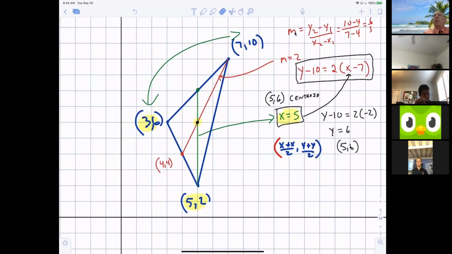Point slope form, right? In order to write the equation, we need a point and a slope. 7, 10 is on the line. 3, 6 is on the line. I could have chosen 7, 10, or 3, 6, and we have the same answer. You remember that? All right.